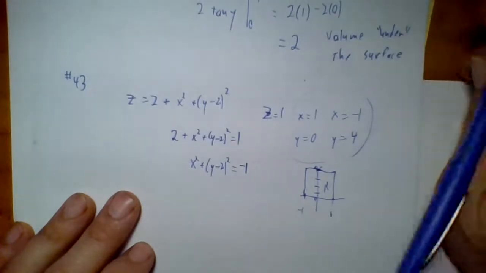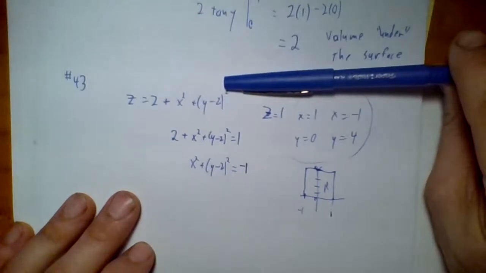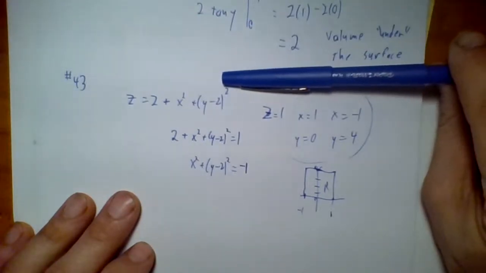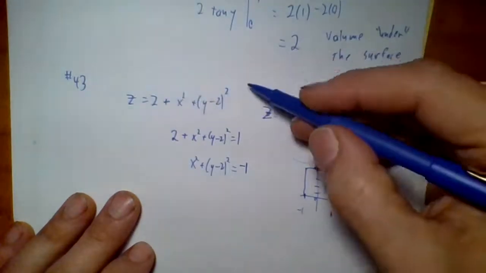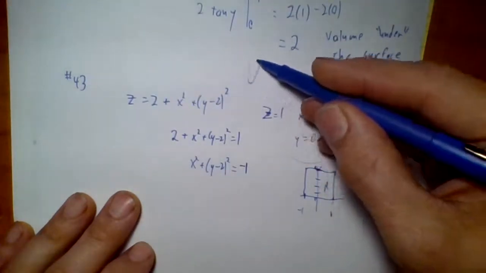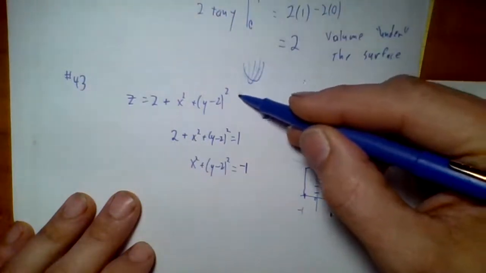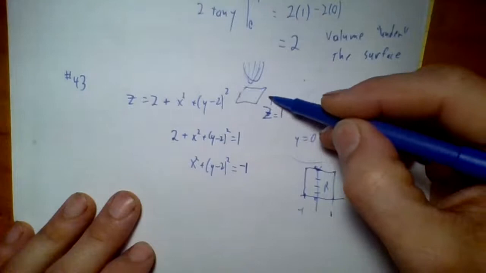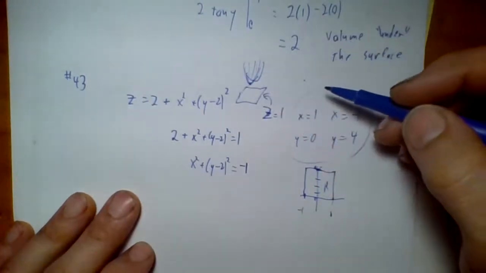And if I look back at it, that's because this is 2 plus a bunch of positive stuff. The surface is always above z equals 1. So we got some paraboloid up here. I can try to make some picture of that, but some surface up here above the plane z equals 1. It never gets down to it. This is a paraboloid going from 2 on up.